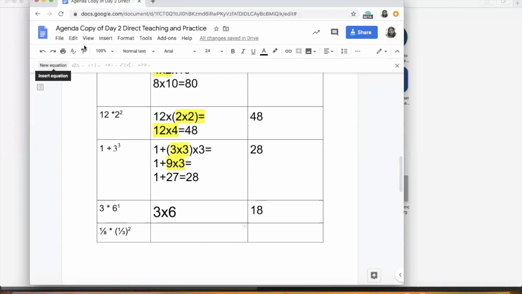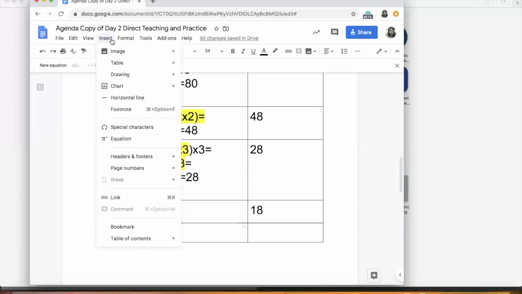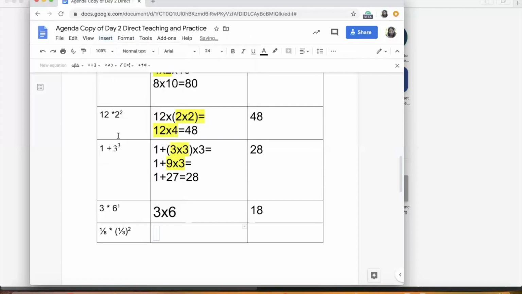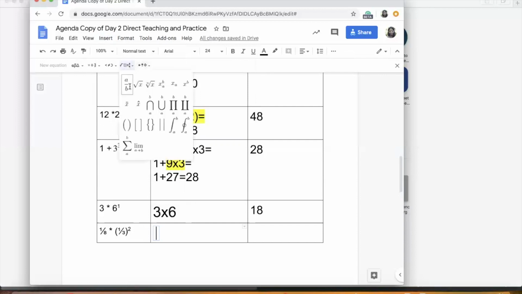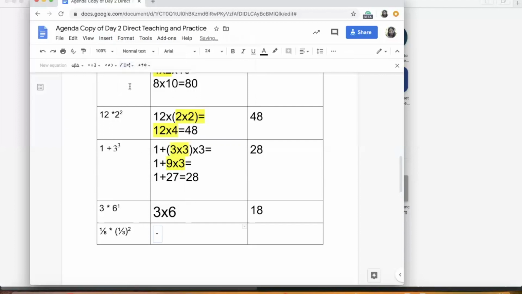But if you don't, just go up to the top, hit insert, and then insert equation. And we're going to find where it says A over B. And we're going to click on that. It's under math operations. And we're going to rewrite 1 over 8.